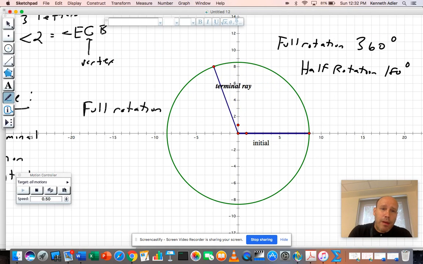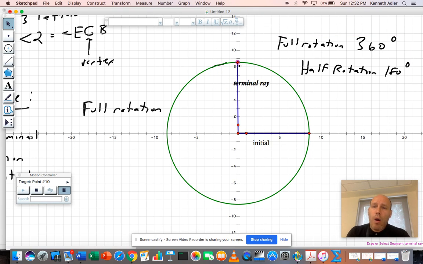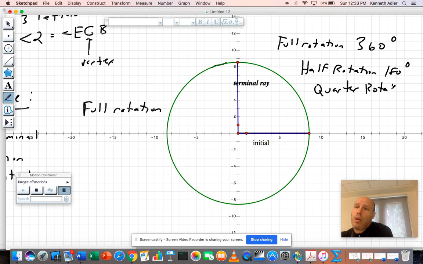Actually, let me stop it. What kind of rotation do we have now? Very good. This is a quarter rotation, and we're going to call that 90 degrees, which you know is a right angle.